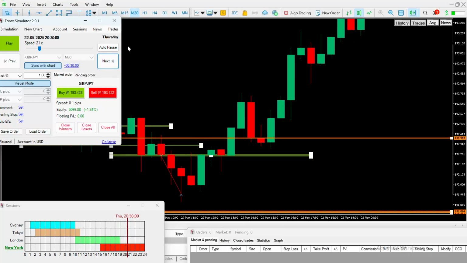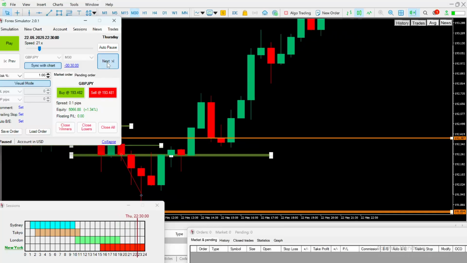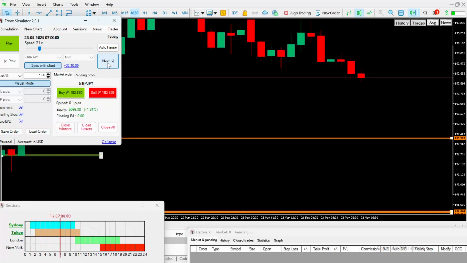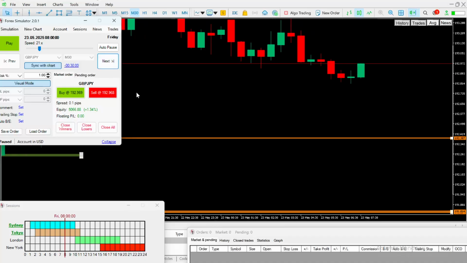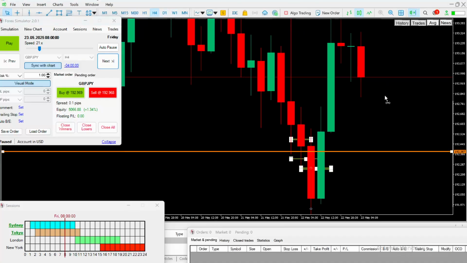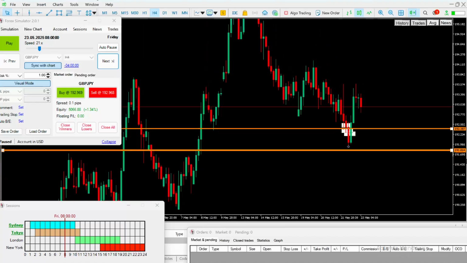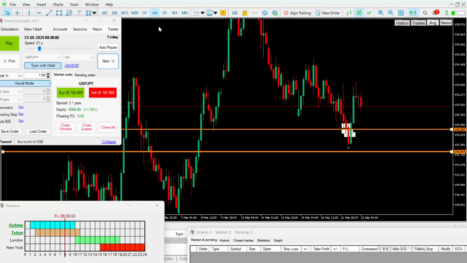Okay. Now the last day. So we're only minus 0.5%. Pre-London is making lower lows, even though here, let's check the daily.